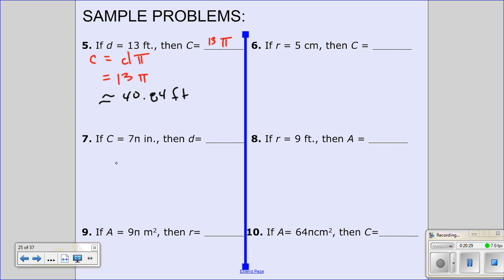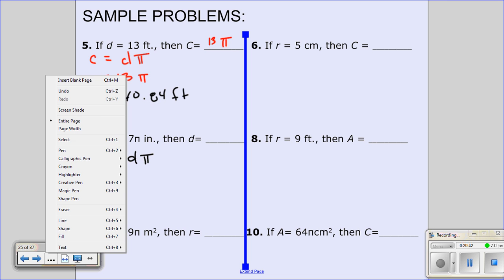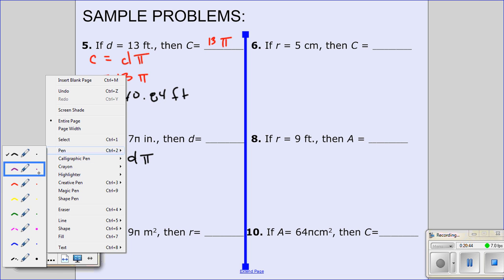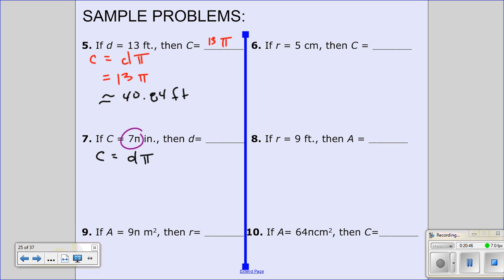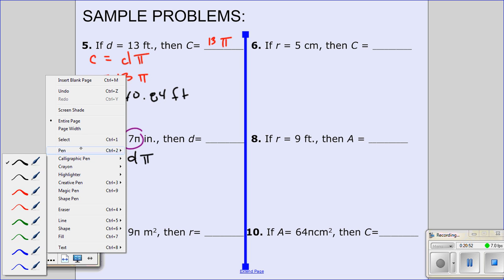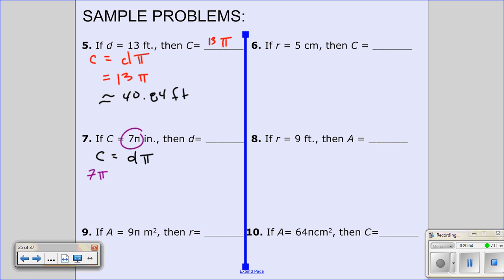For number 7, it says if C is equal to 7 pi inches, then the diameter is equal to what? So again, using the same formula, circumference is equal to diameter times pi. They are giving us the circumference in advance. It's 7 pi. So let's replace C with 7 pi, but bring down the right side of this equation, D times pi.